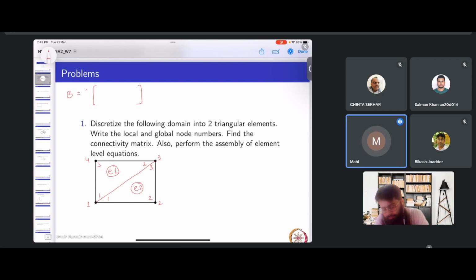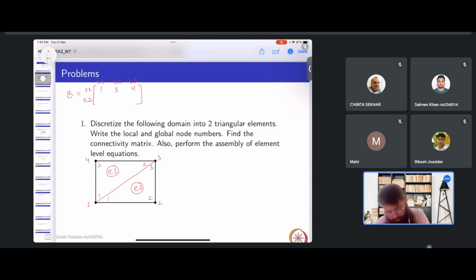Sir, is it 2 cross 3? Yes. So we have two rows, one for each element, and we have local node 1, local node 2, local node 3, three columns. So how do we fill it? For element 1, local node 1 is global node 1, local node 2 is global node 3 and local node 3 is global node 4.